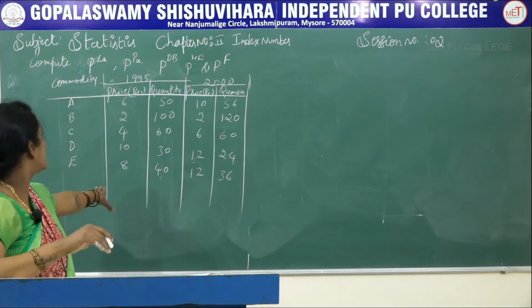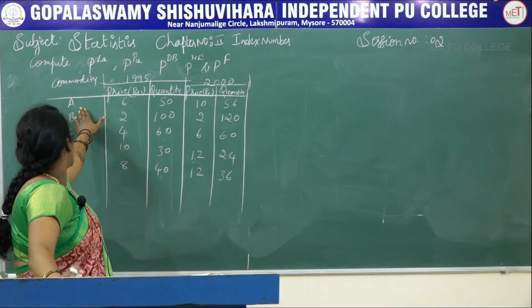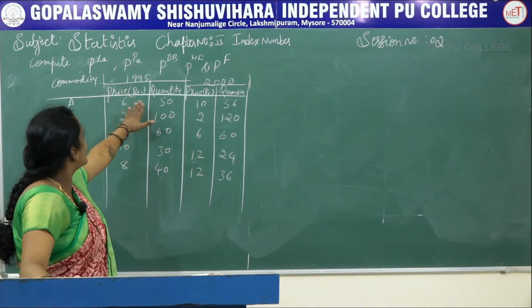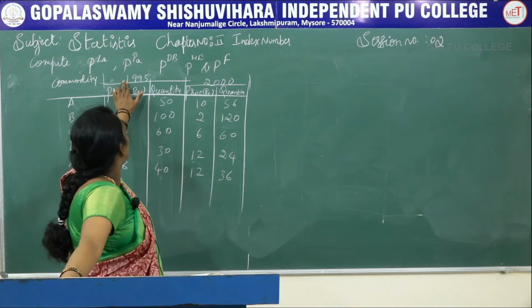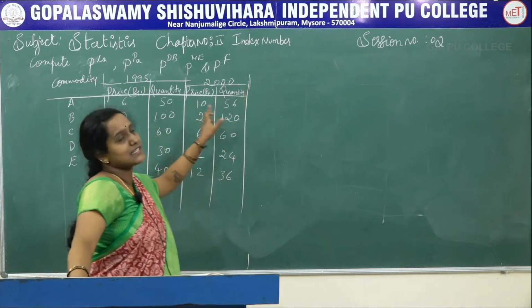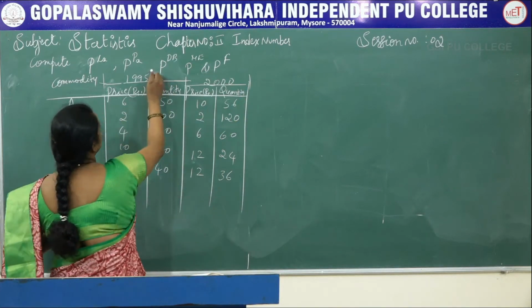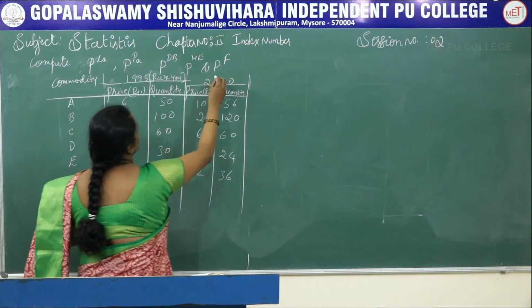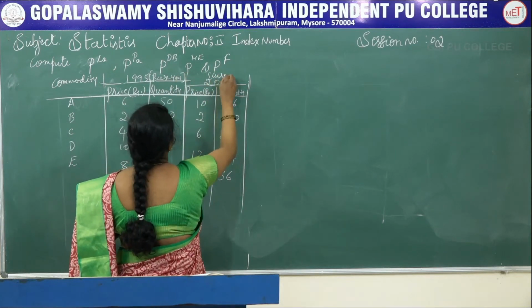See, in this problem, these commodities are A, B, C, D, E and they have given price and quantities of 1995, price and quantity of 2000. Here this 1995 we will consider as the base year and this 2000 we will consider as the current year.